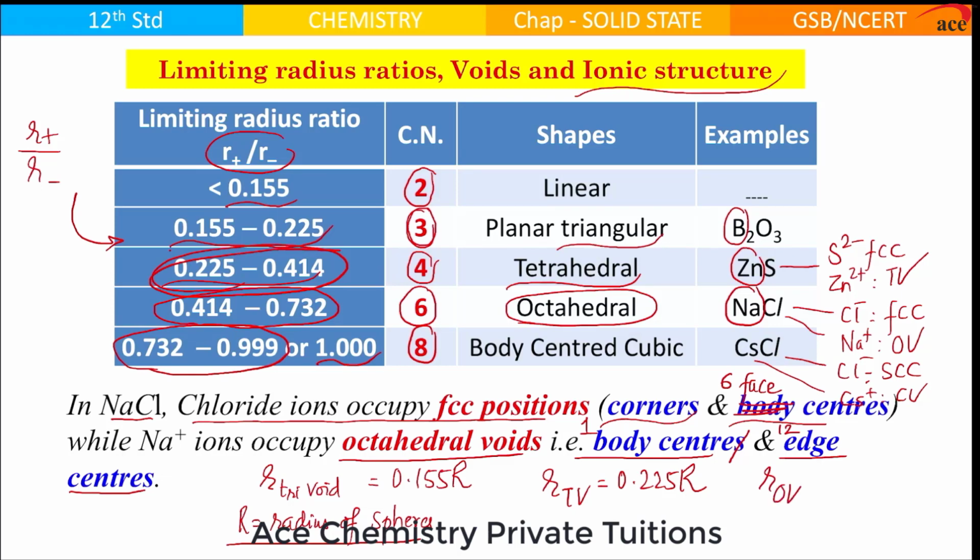Exact size of the octahedral void is 0.414 multiplied by R, where capital R again stands for the radius of the sphere, and exact size of the cubic void is 0.732 multiplied by R. All these numbers have to be remembered, even the exact size and the range.